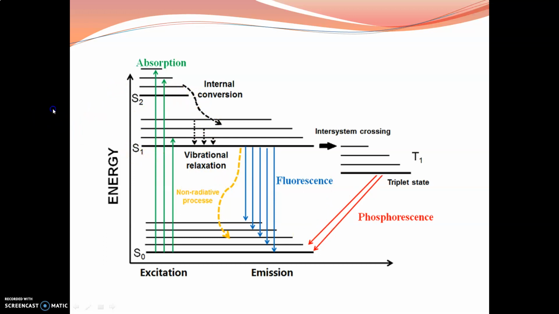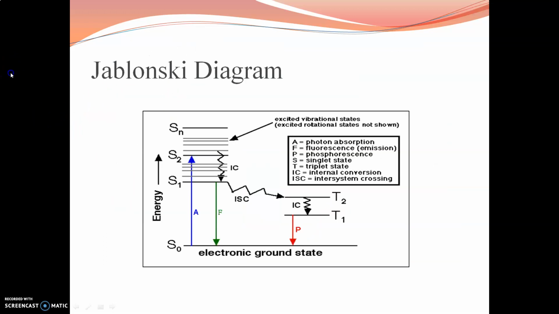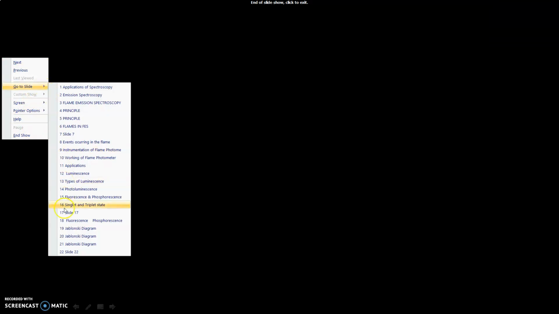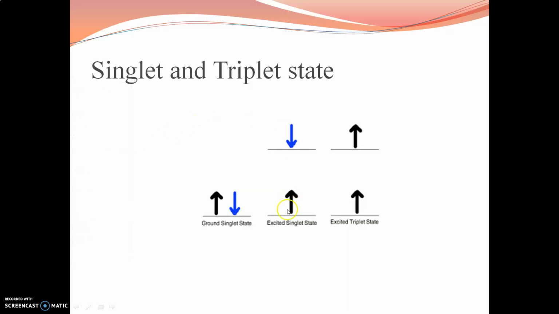So in fluorescence, the excited singlet state takes place. Singlet is, as already discussed, with opposite spin, and phosphorescence is the triplet state.